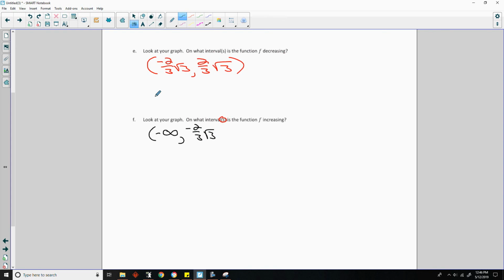So it's increasing from negative infinity until it gets to our relative maximum. And then it's increasing again from our relative minimum until positive infinity, or forever. So those are the intervals in which that function was increasing.